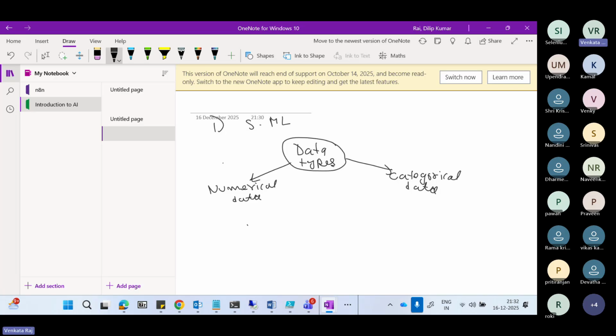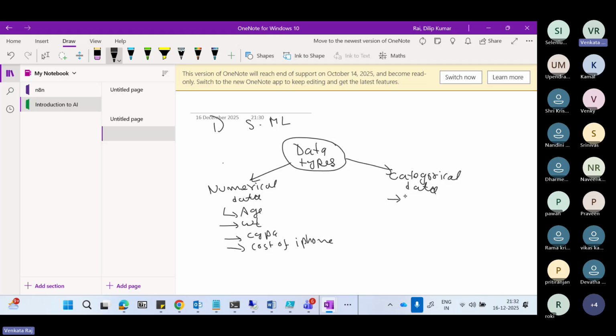What is numerical data in machine learning? Any data which can be numerically classified, like age, weight, CGPA, and cost of a phone, cost of an iPhone maybe. Okay. Now what is categorical data? Categorical data is data which cannot be numerically classified.